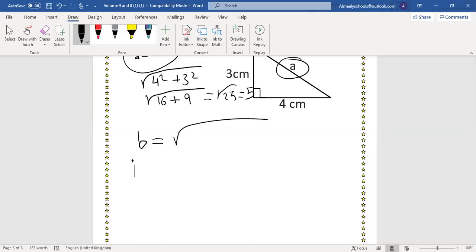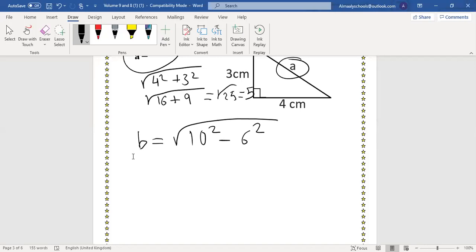It equals the square root of 10 power 2 minus 6 power 2. The square root of 10 power 2, Abdurrahman, 10 is the hypotenuse? Yes, because 10 is opposite to the right angle.